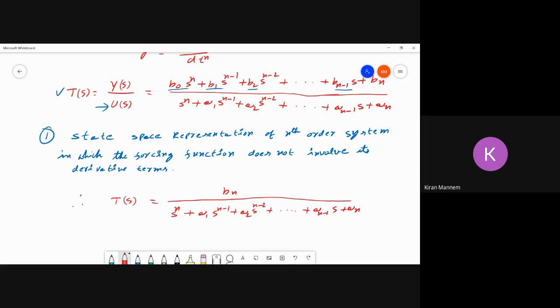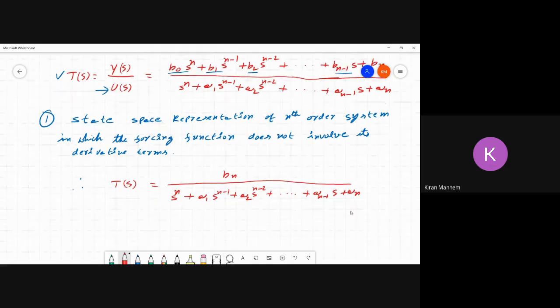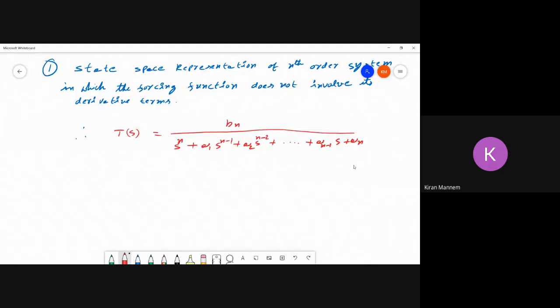Okay. So if you rewrite this equation again in time domain, it would be something like this.